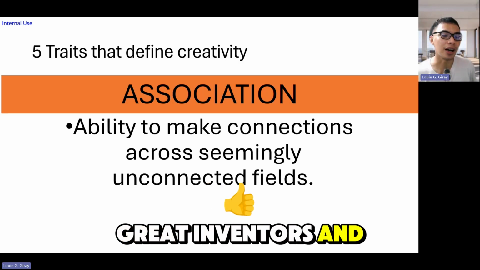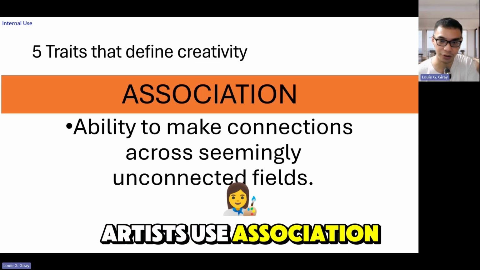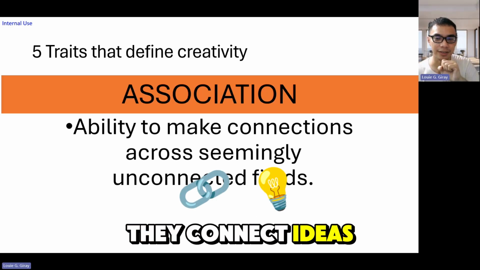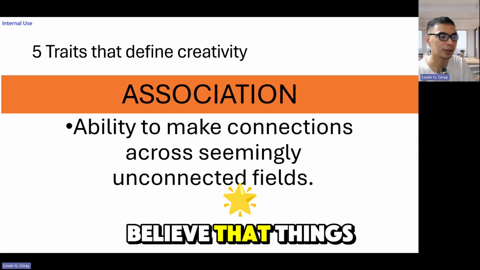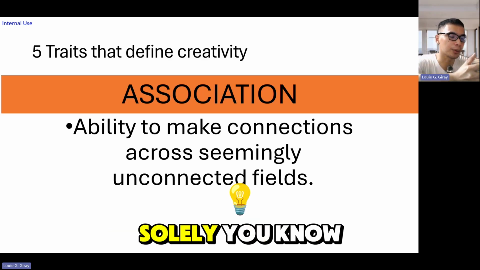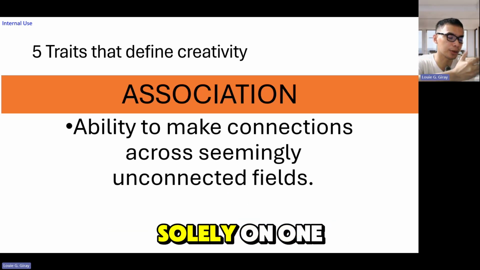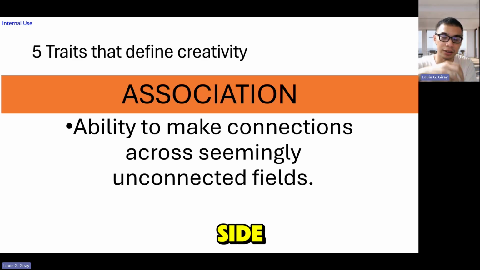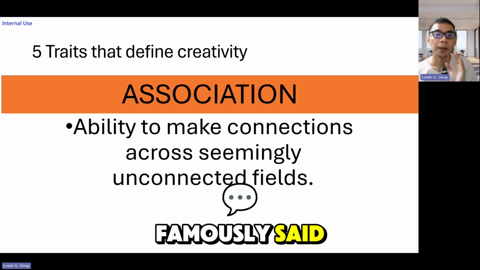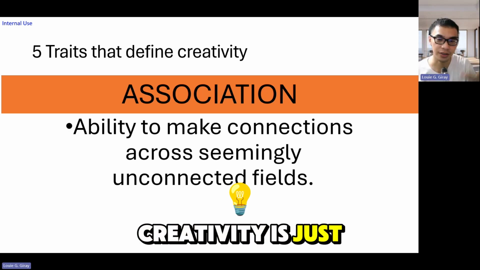Great inventors and artists use association. They connect ideas. They do not believe that things should be fragmented and that subjects should be solely on one side and must not care about the other. In fact, Steve Jobs famously said, creativity is just connecting things.